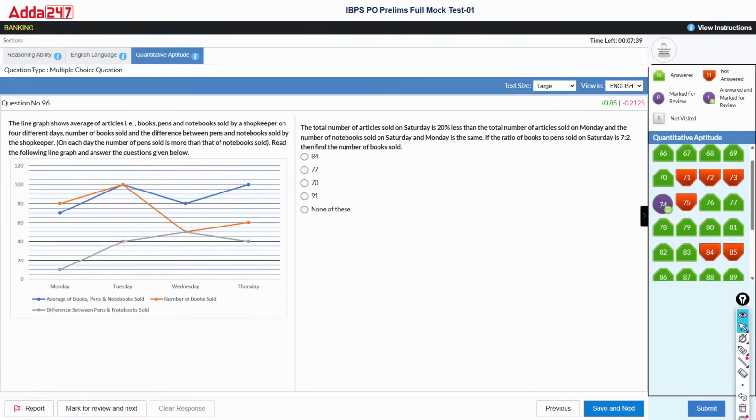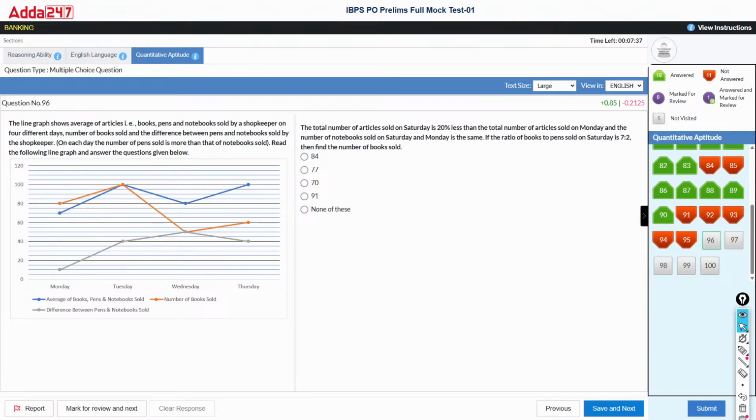graph chart. Okay, average number of books. Number of books. Okay, it will take some calculation because, okay. So Monday, Tuesday, Wednesday, Thursday.